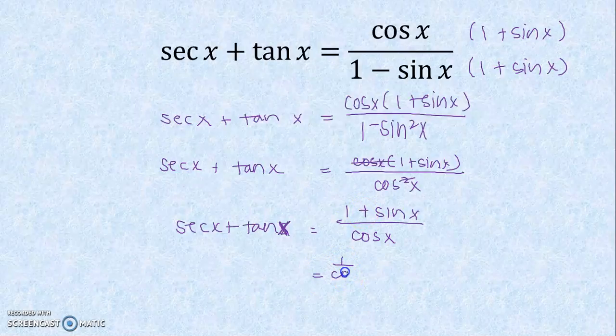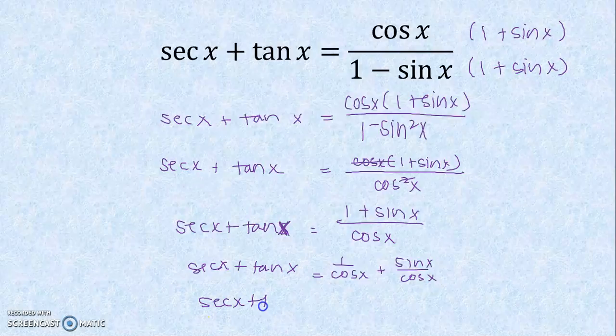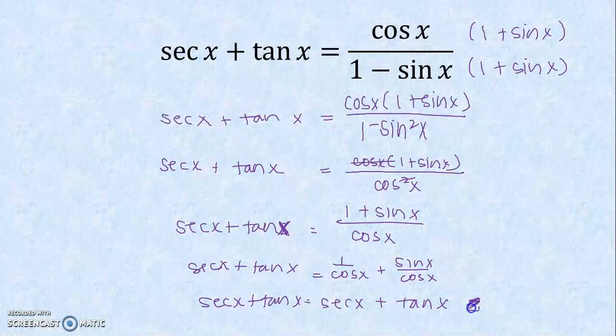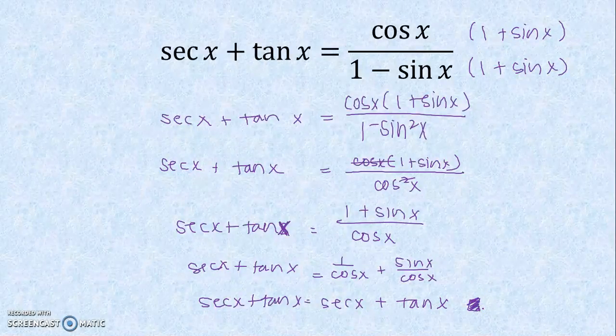So I'm going to have 1 over cosine x plus sine x over cosine x. And keep bringing down that secant x plus tangent x. 1 over cosine x is secant x. Sine x over cosine x is tangent x. So now my left side and my right side both say exactly the same thing.